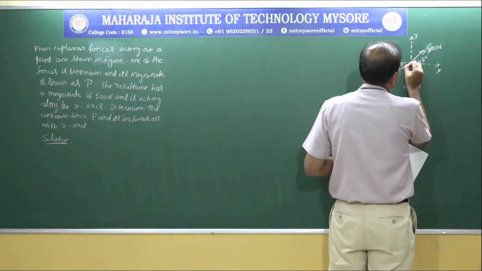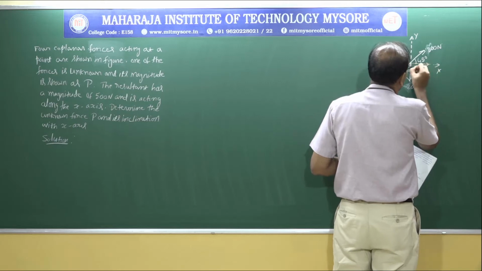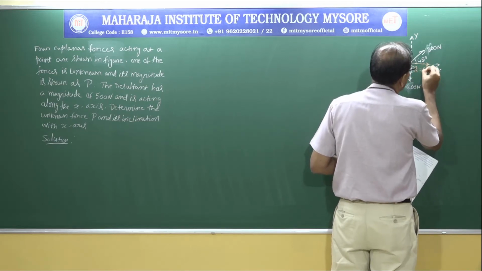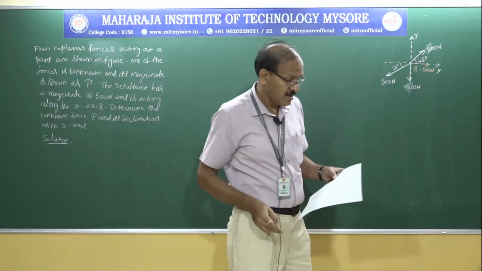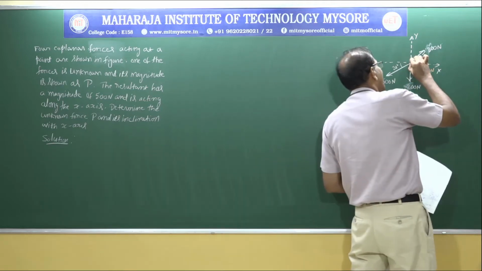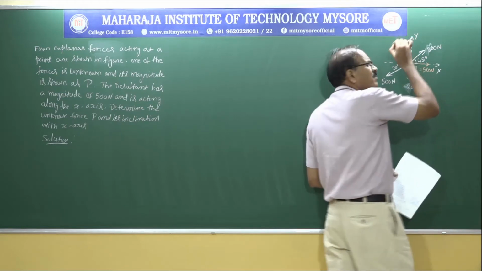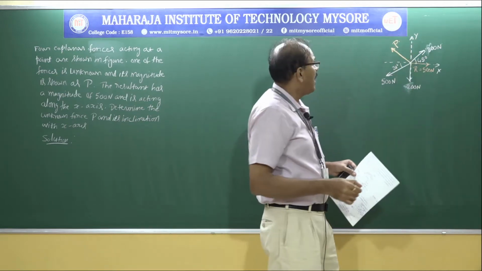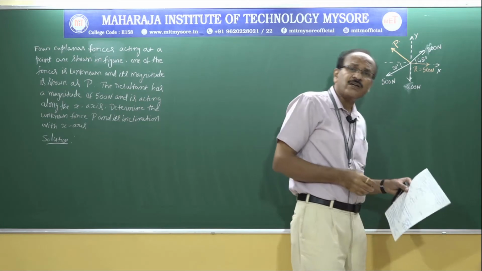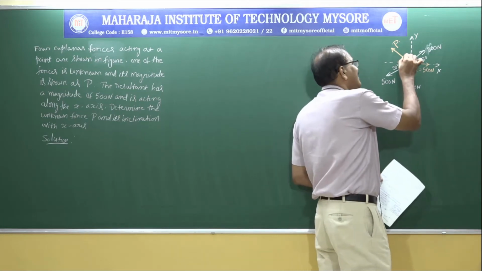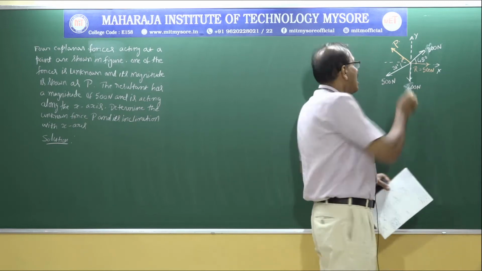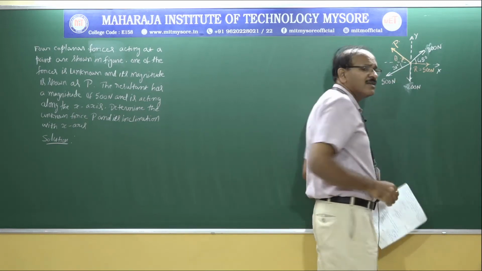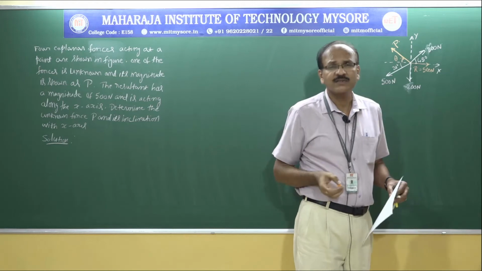And here is the resultant R of magnitude 500 Newton acting towards right, and there is an unknown force P, and the inclination of the unknown force is theta with respect to the x-axis, and the angle is measured in the clockwise direction.